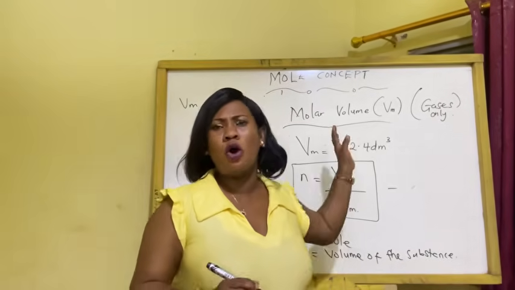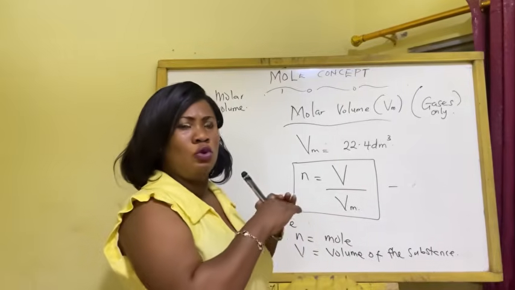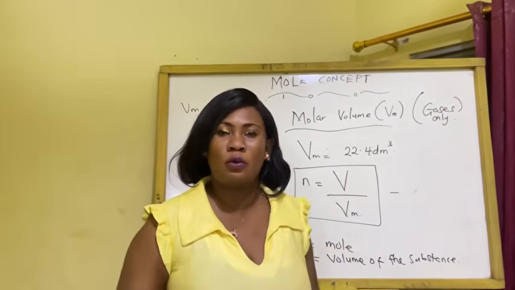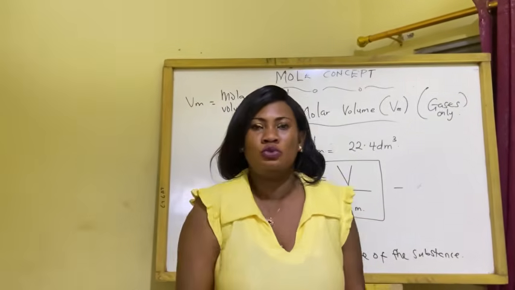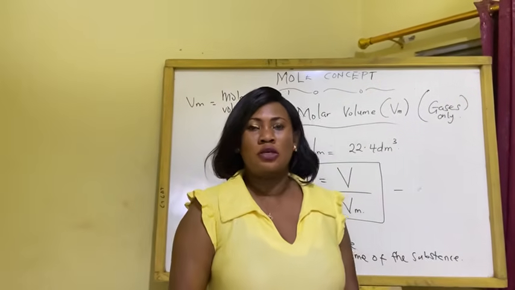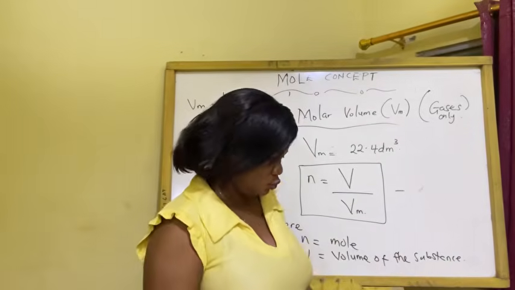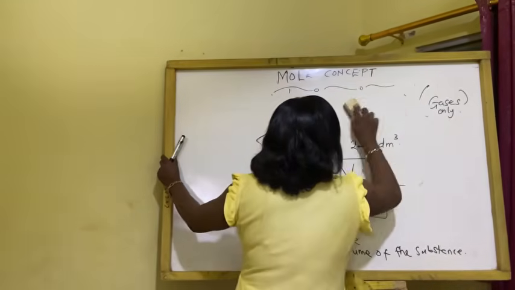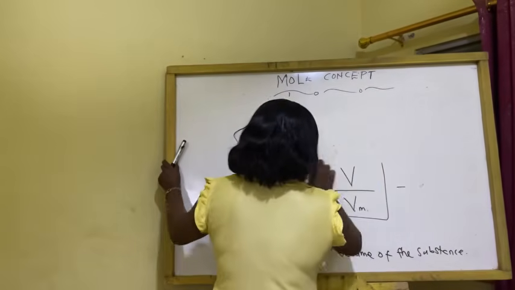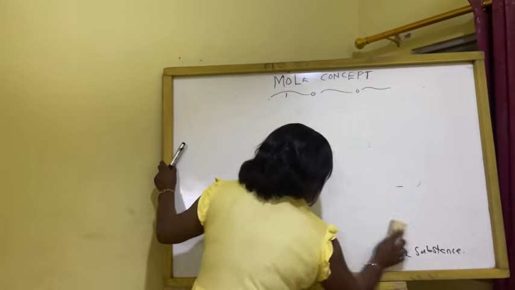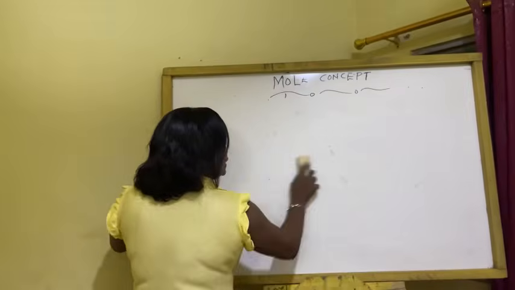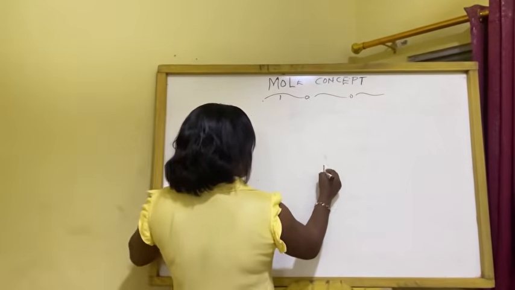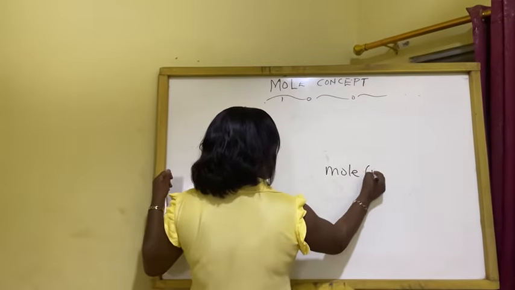Now that we've seen all these, we want to look at the connection between them, how they are expressed, so that when we have a question, we know which one to use and which one not to use. So let's see. The center of attraction here is the mole, which is n.